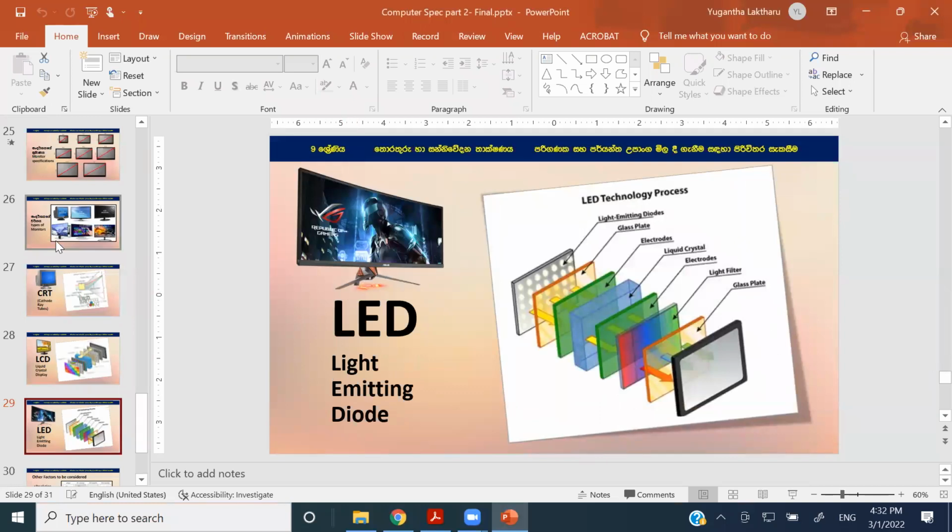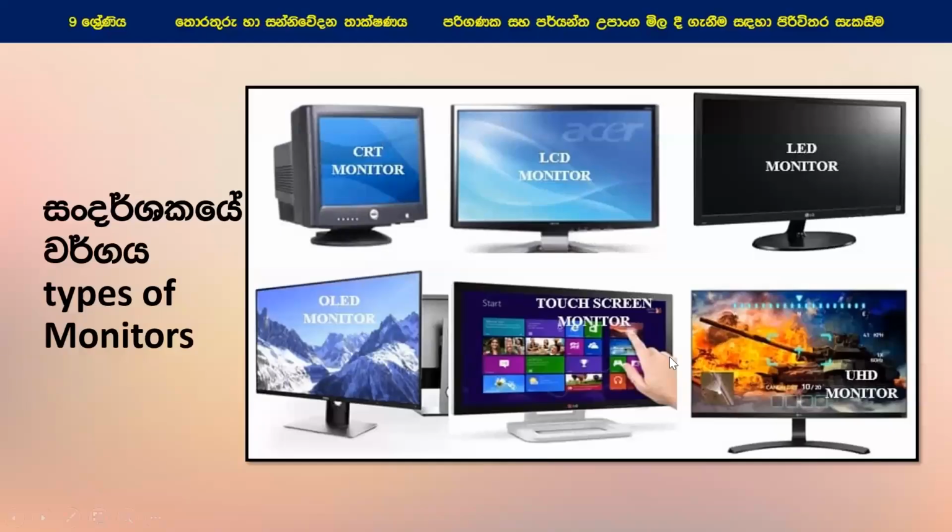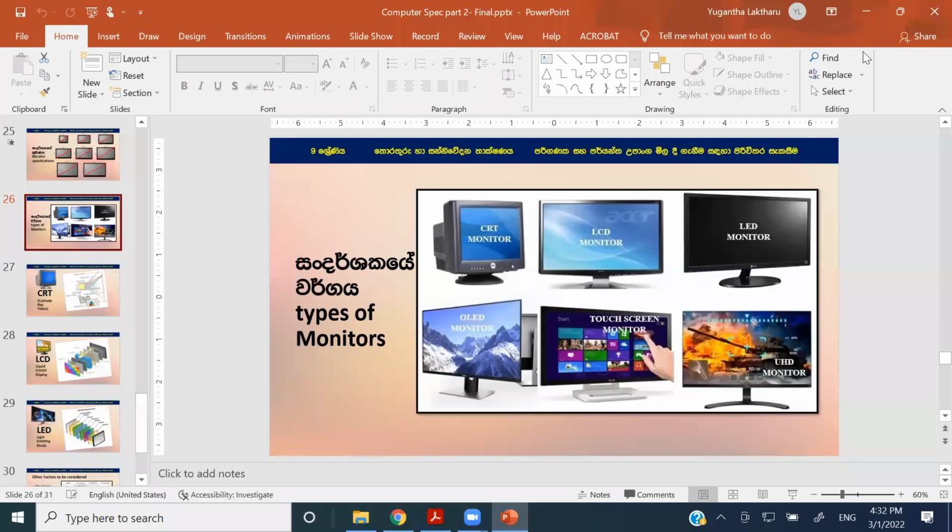Right, and these are the types I told you about. There are new types now: unlike CRT, LCD, and LED, we got OLED and UHD monitors, right? Even touchscreen monitors are there. So it is one of the ways that the soft copy is displayed.